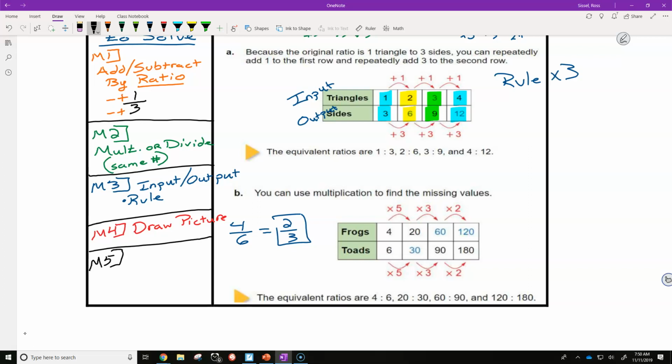Alright, last one, method 5. Mixture / number sets. So when I say mixture, it means, hey, one time you might use addition, one time you might use multiplication or division, and then you also are going to use number sets.